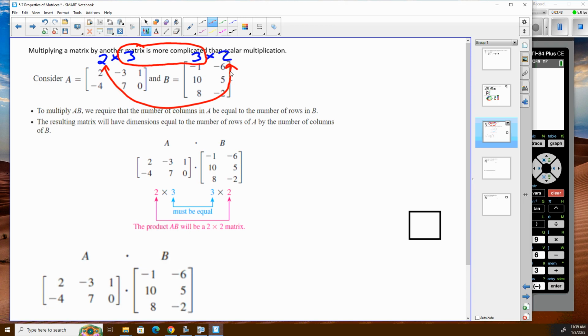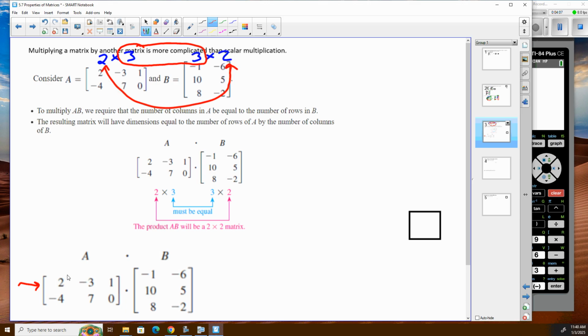Now, when we multiply the matrices, once you've determined if you can, so you can't necessarily always multiply matrices together. If you are able to, what you do is you take the row of your first matrix, and I kind of imagine just turning it sideways.